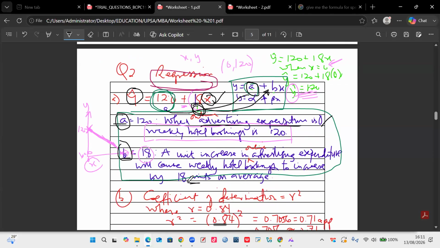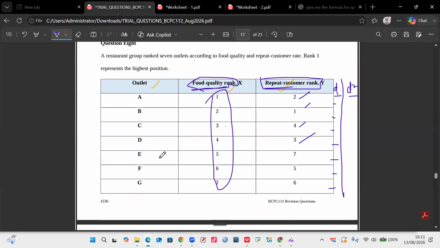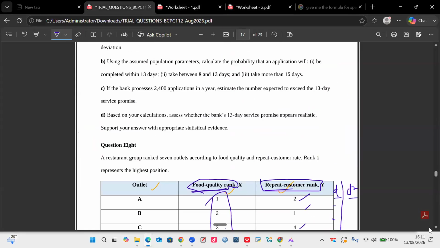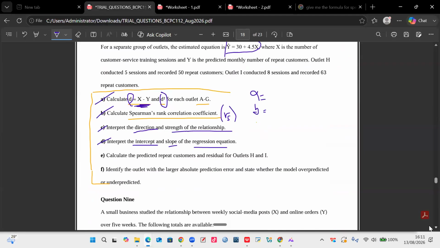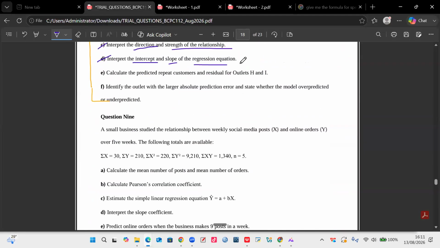Are you getting it? That's it, so we are done with this side.